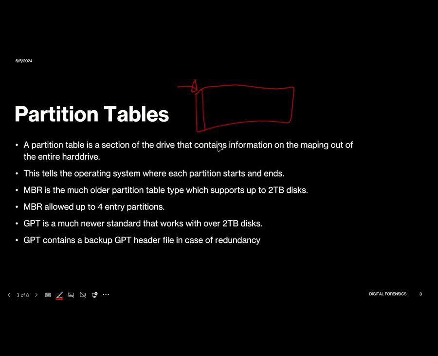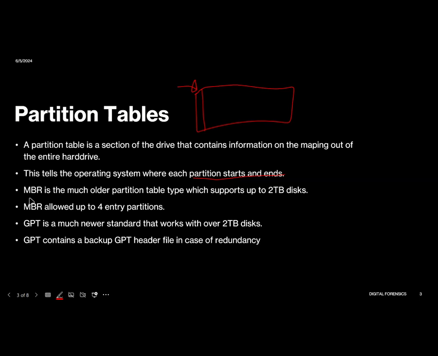The partition table describes how the entire hard drive is mapped out: how many partitions there are, what the partition types are, where each one starts and where it ends, and so on. That's what you would find within a partition table.